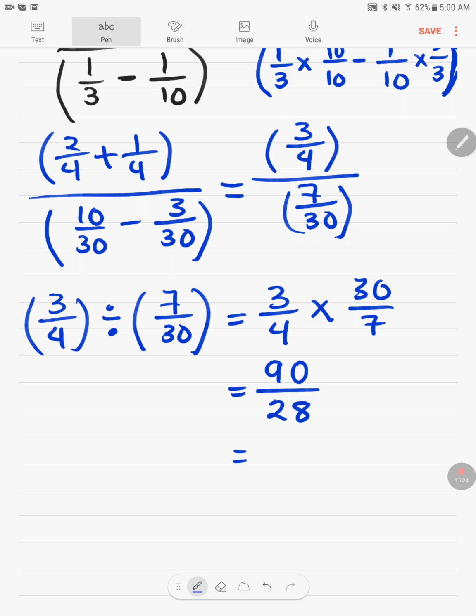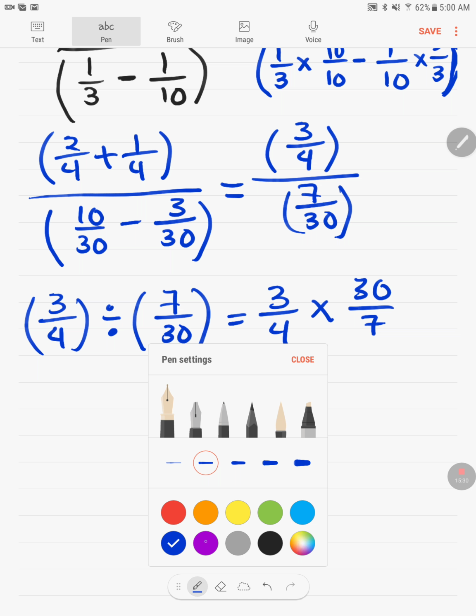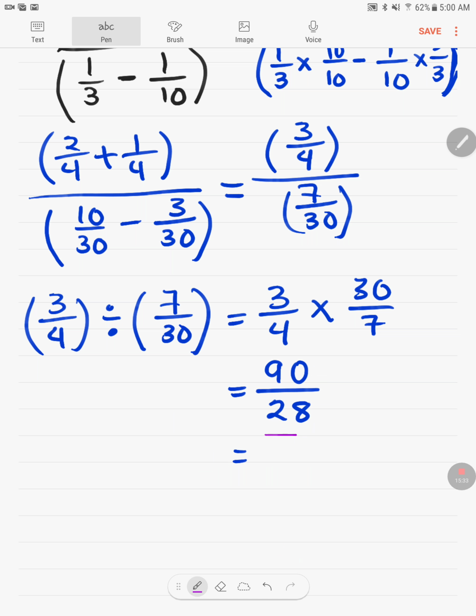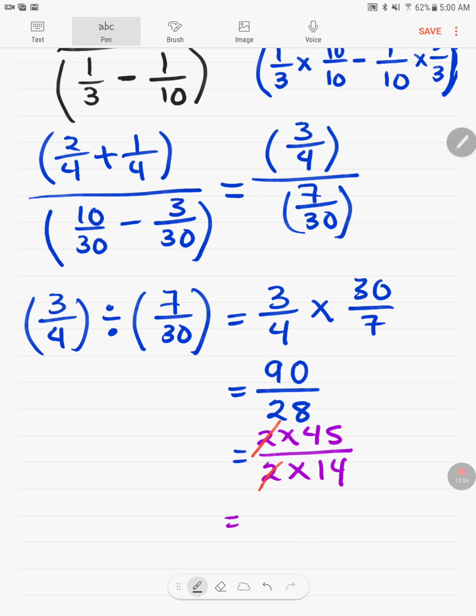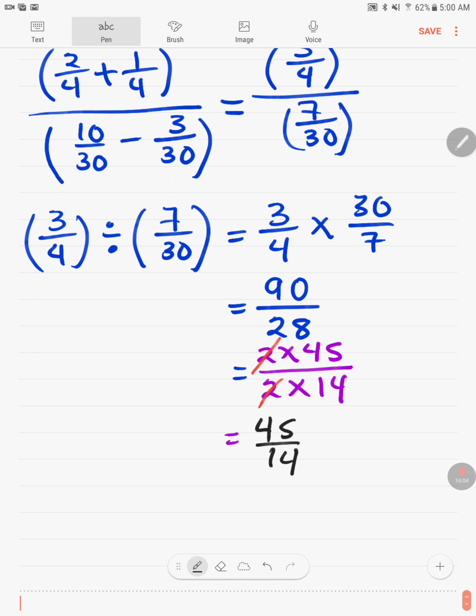Now both of these numbers, numerator and denominator, could be divided by 2, so we could imagine that the numerator is 90, which is 2 times 45, divided by 28, which is 2 times 14. Now we see that the 2 could be cancelled, and the answer we get as the final fraction is 45 over 14, and this is the desired answer.